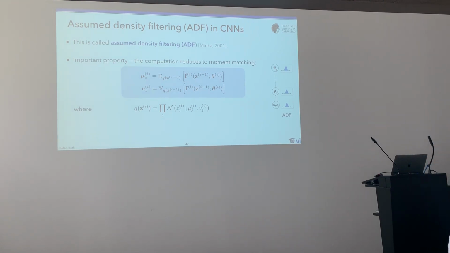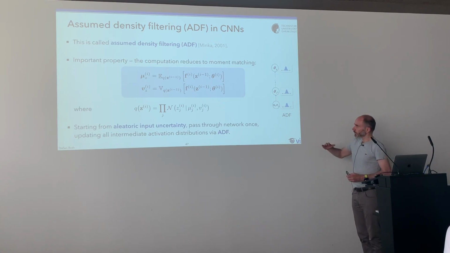Okay? So we take the multimodal activations that we have and we try to find its mean and its variance, and then we go to the next layer. Okay? So even if the overall thing may seem complicated, ultimately what we need to do at every layer, we just need to find the mean and the variance of the activations. Okay? So the question is, how do we do that?